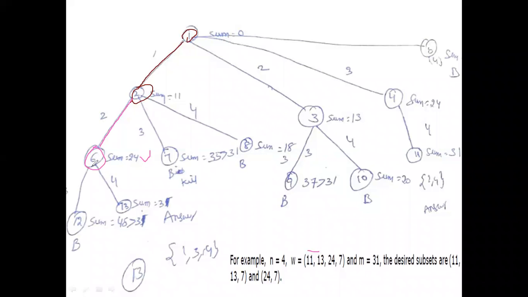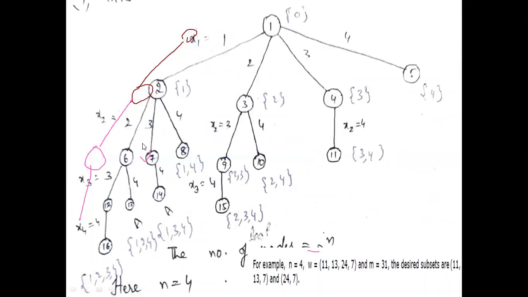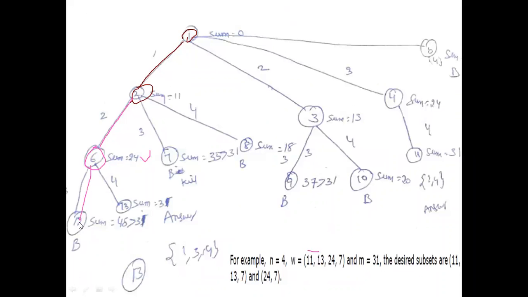The first child is the 12th node, the same 12th node as in the previous solution space. Now sum equal to 48, the sum of the first three elements, which is greater than 31.